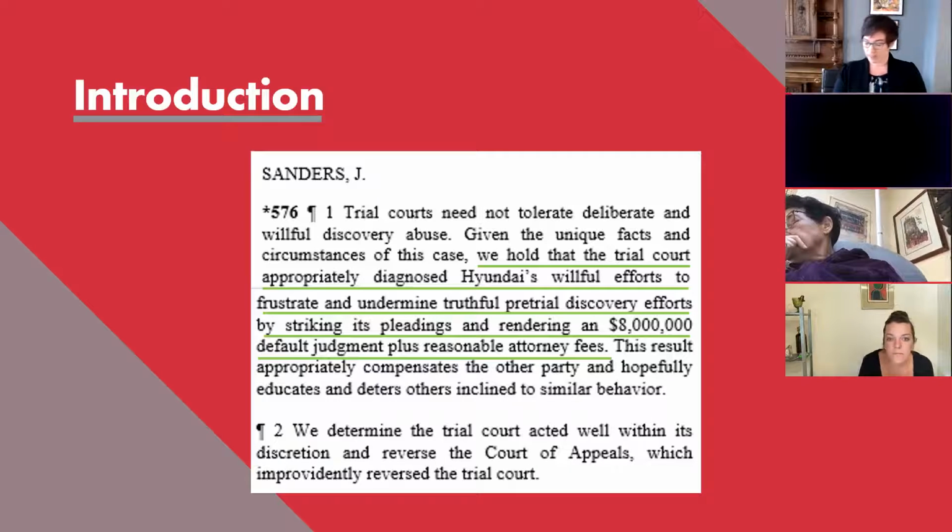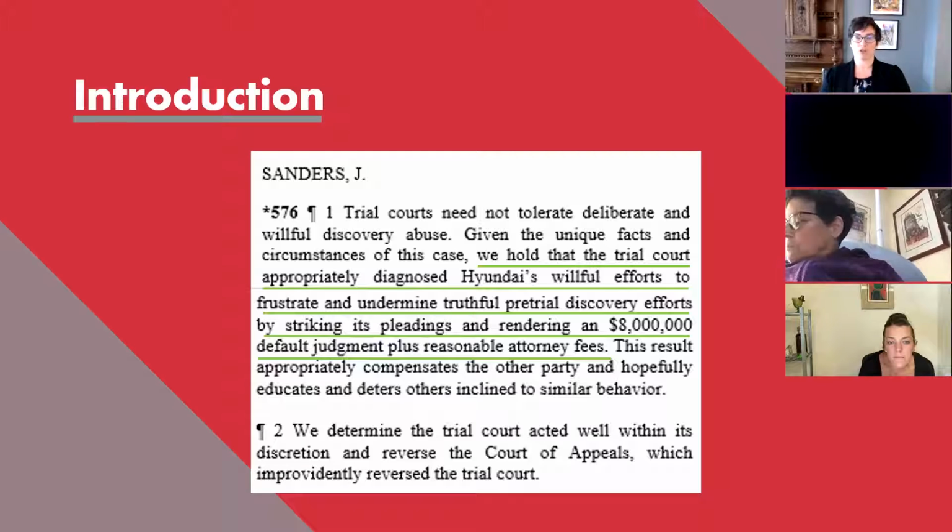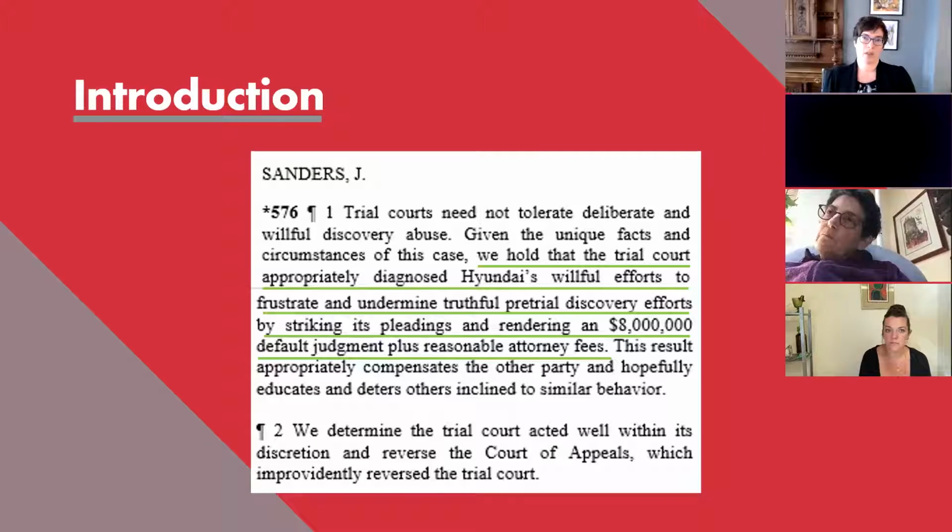It did decide that, but what's more important to a case like this is why they decided it, because the facts are so important to understanding why the court found that Hyundai violated discovery, and why the court found that one of the most extreme punishments, striking its pleadings and rendering default judgment, was the right thing to do. Or at least was not an abuse of discretion for the trial court to do, which is another matter that we will get to as we move forward.